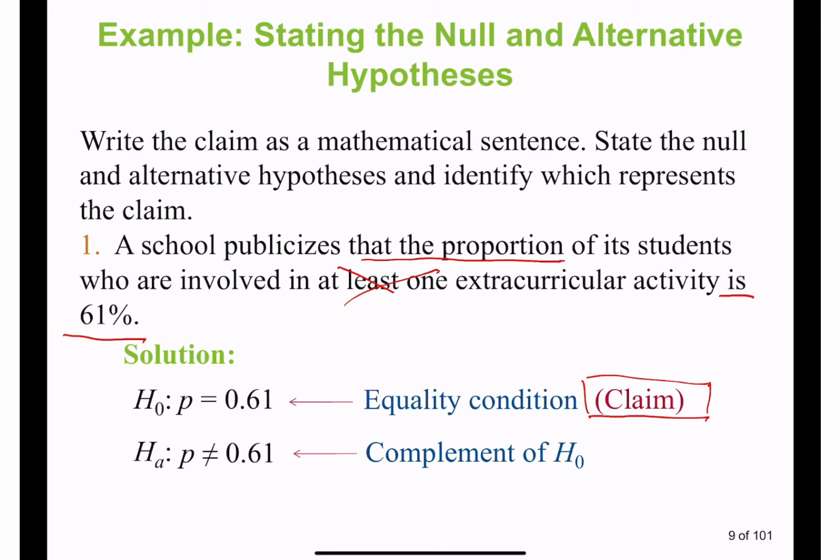And also it's very important to know which one is claim, because you draw the result based on claim. If the claim is null hypothesis, then the interpretation will be about null hypothesis. If claim is the alternative hypothesis, then interpretation is going to be about alternative. Okay?